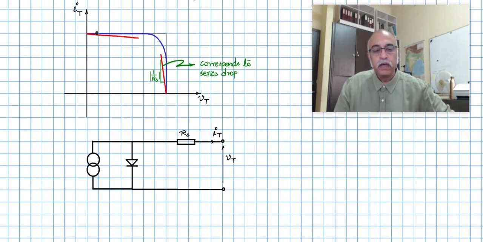Likewise, the line here will have a slight slope as shown here in red. It will not be perfectly horizontal as shown in the ideal case. So this would be due to a shunt resistance.